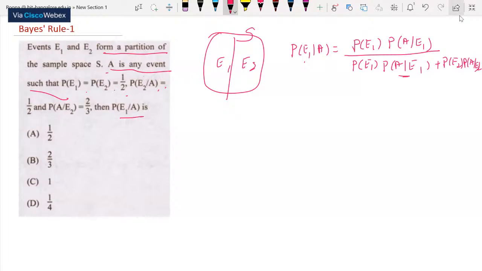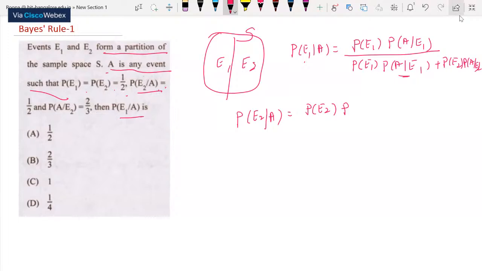So first you find out probability of A slash E1 with the help of probability of E2 slash A. They've already given the value of probability of E2 slash A. So from the Bayes rule, what is probability of E2 slash A? It's a crude method.